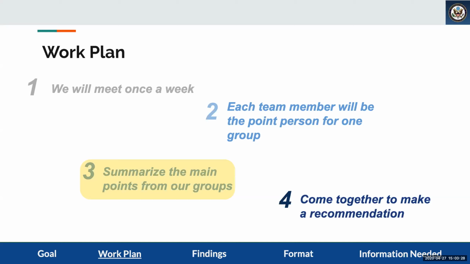Together as a team, we've discussed the progress of our individual groups, shared the highlights of their findings, established the structure of our recommendation and have begun writing. Since different groups are at different stages, now is the time for us to be working hard to pull together our final recommendation. Next slide.